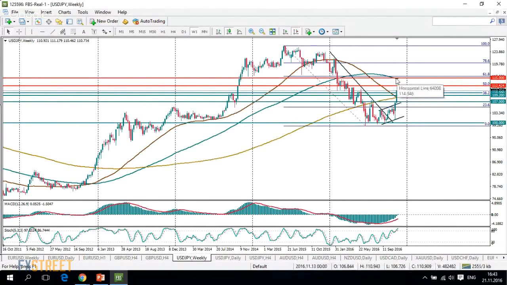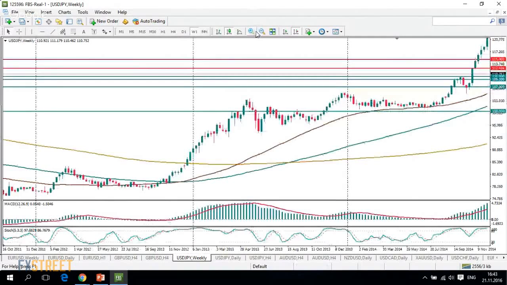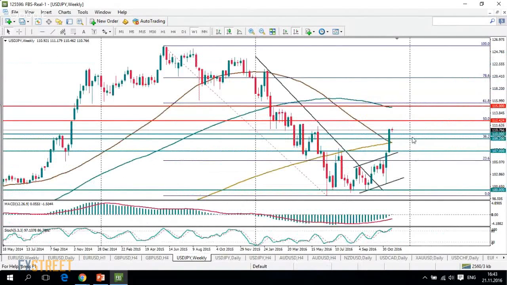We have also here the 100-week moving average, and this may be the next target for dollar yen. But as many players must have fixed their profit around the 110 mark, then we need to wait for some retracement in the pair.